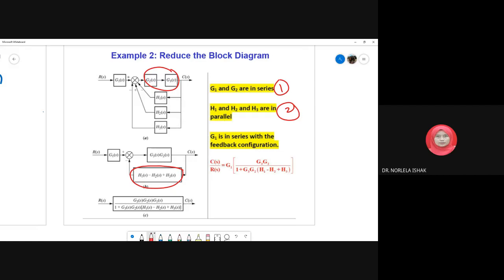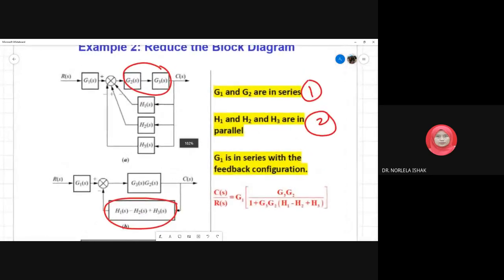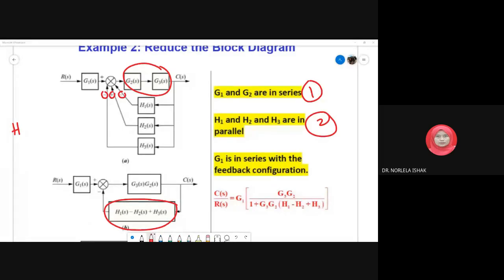H1 and H2 and H3 are in parallel, so we can solve this one like this. But before that, you have to see the sign.